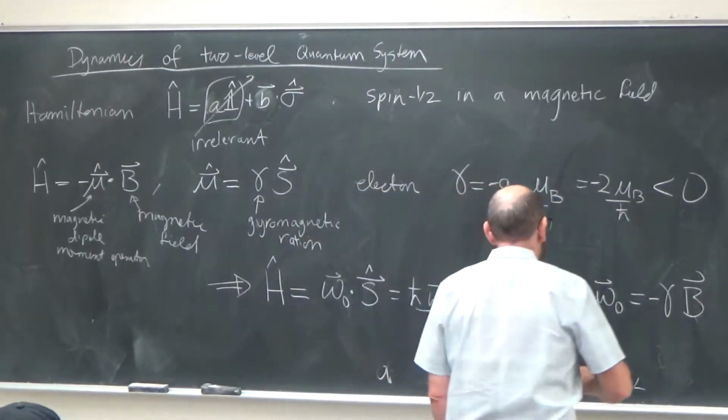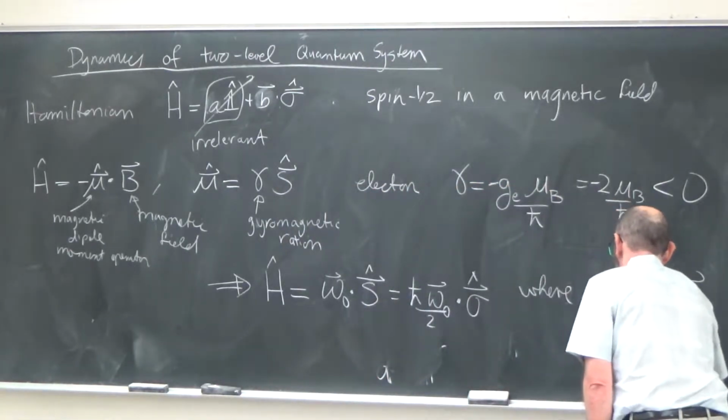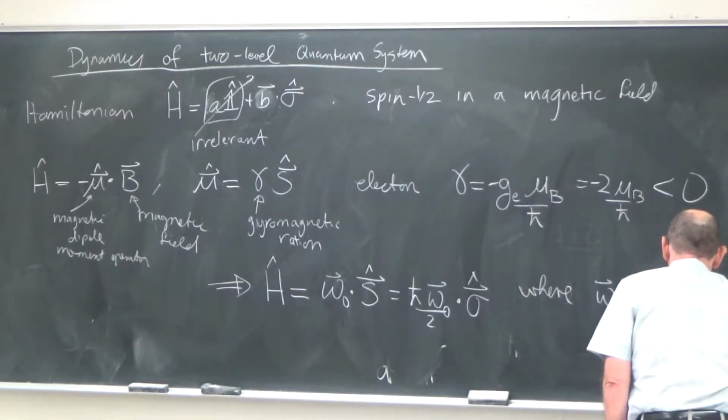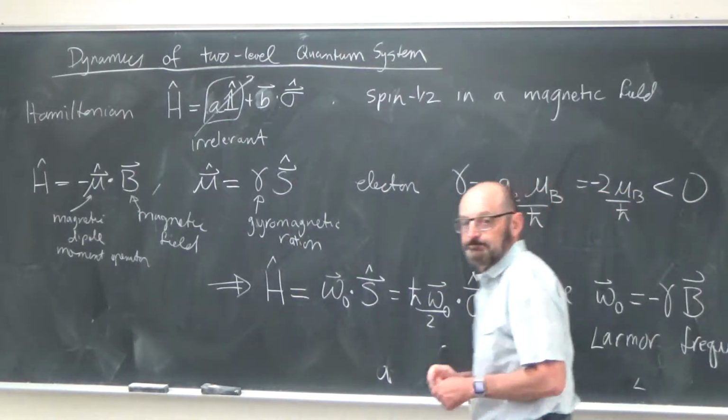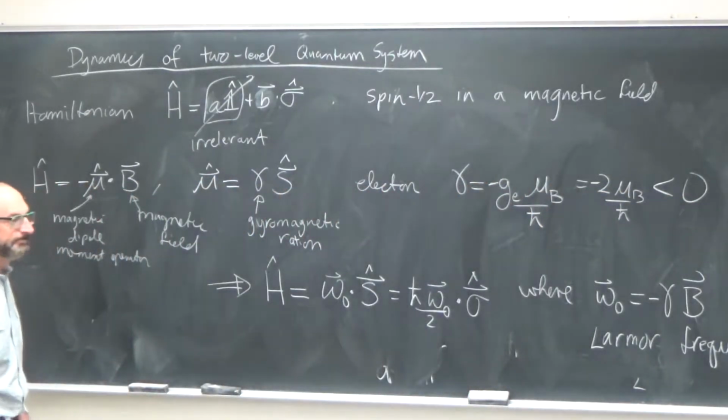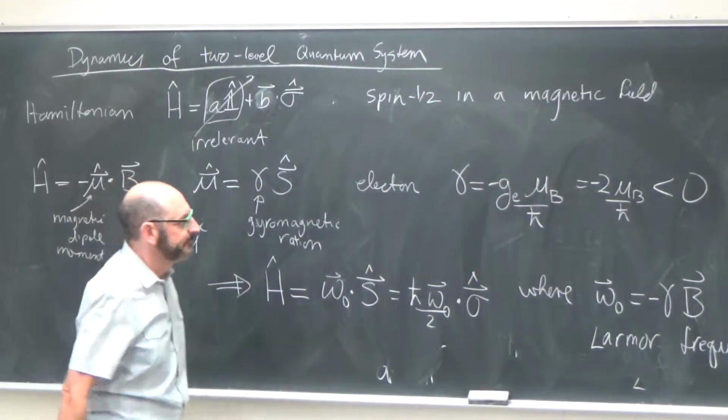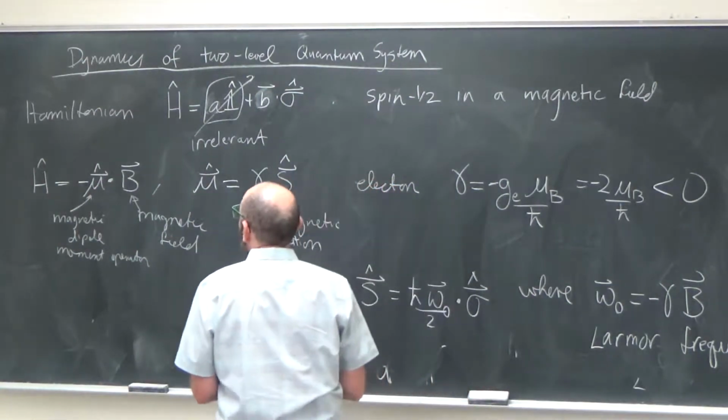This is known as the Larmor frequency. Let me call this magnetic field B naught.